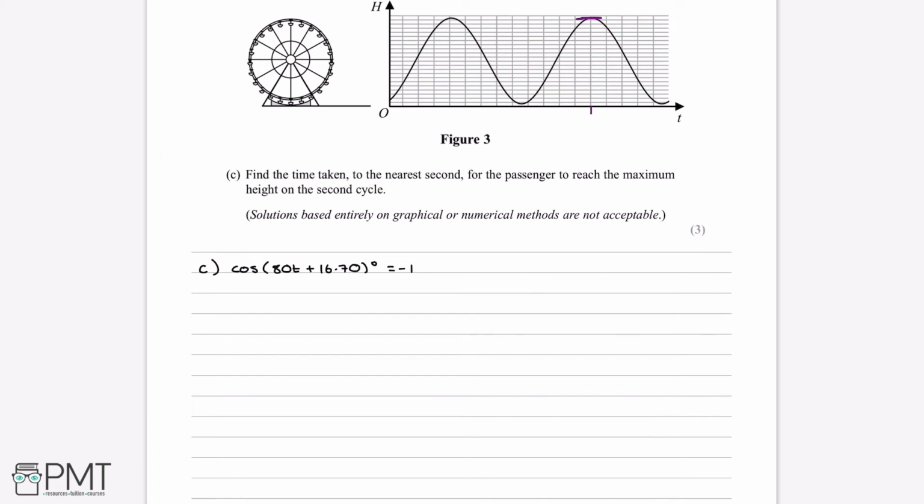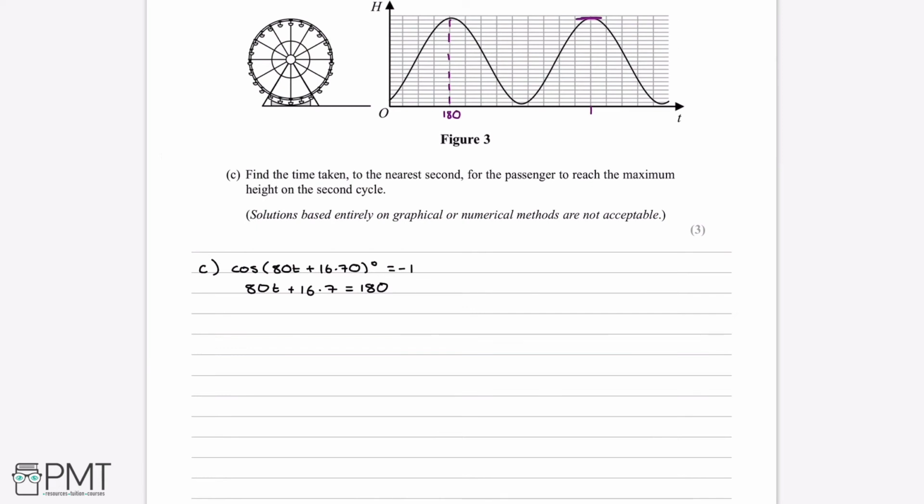So if we were to solve this by taking the inverse cos of both sides, we get 80t plus 16.7, and then the inverse cos of -1 is 180 degrees. For that, we know that this value of t, the first maximum, is at 180 degrees. And we know it's the first one and not the second one because the calculator always gives us the first possible option, if that makes sense.